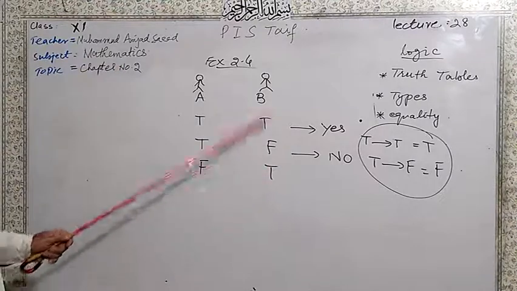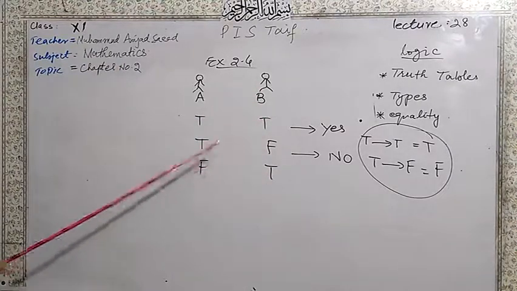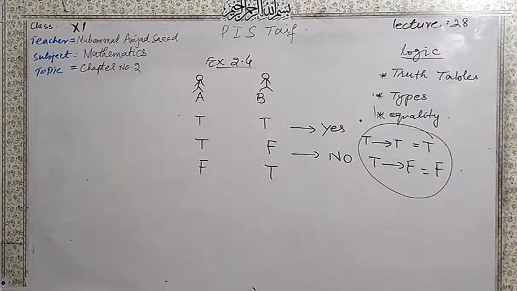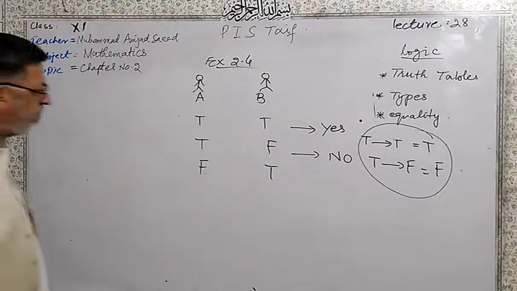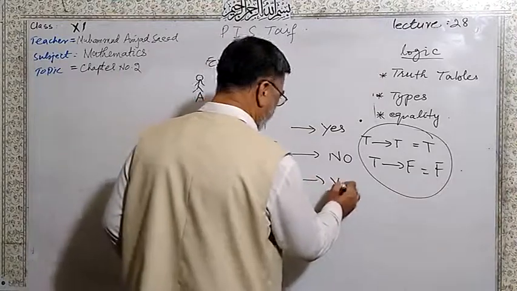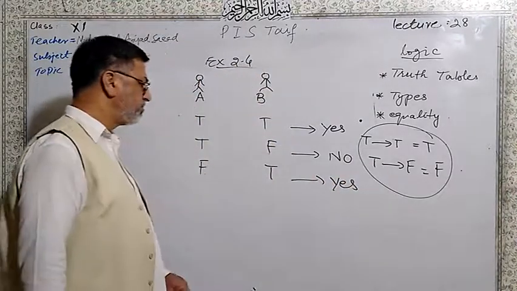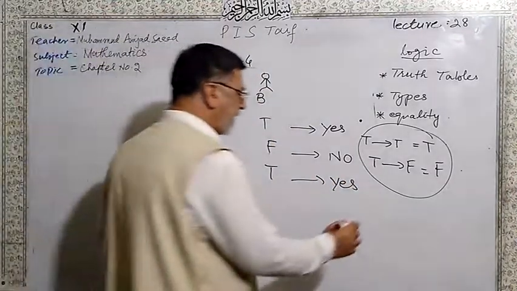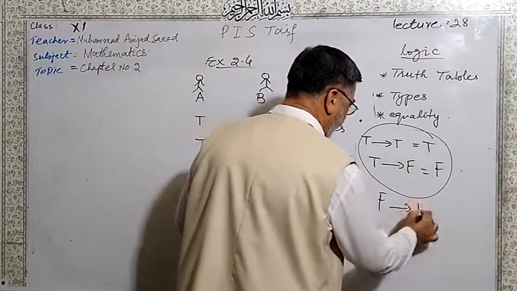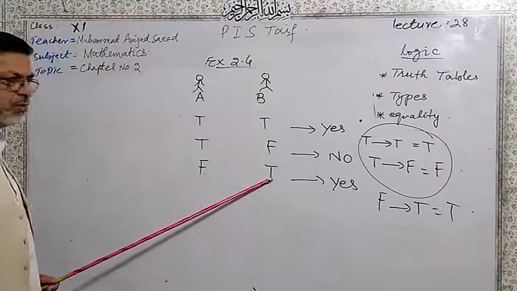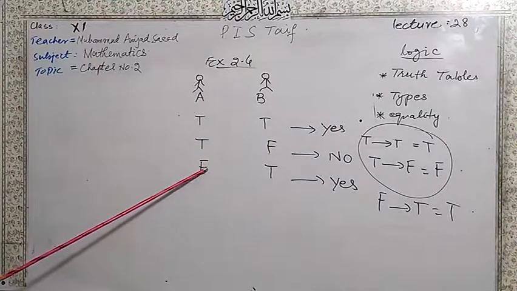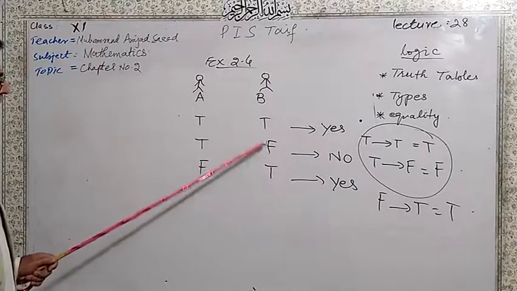Your friend is waiting at home. You did not go. Even so, when you go to your friend, can you meet him? Yes, you can meet him. So F to T is T. He is waiting for you. You did not go, but whenever you want to go, he is at home.